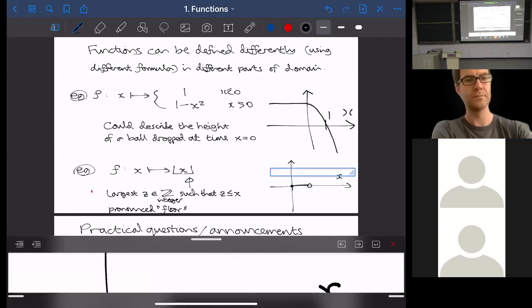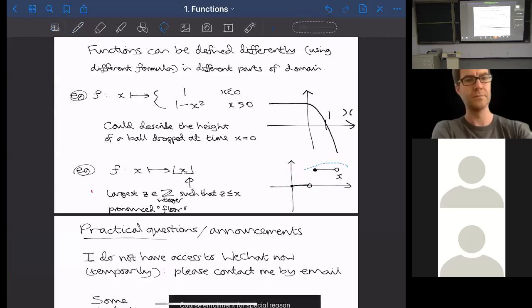But when x is 1, the largest integer with that property is 1. And that's still true all the way up to 2, and so on.